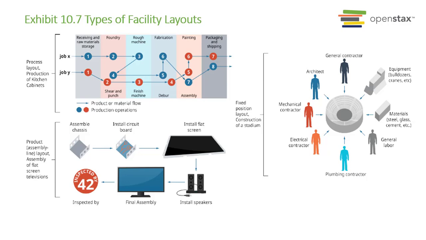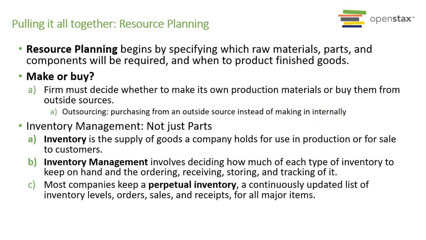You can see how in this particular case the layout is. And of course the fixed, they're building a stadium of some sort. And so you can see how everybody is working in that fixed position. Pretty straightforward stuff.